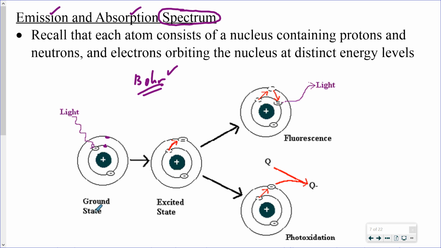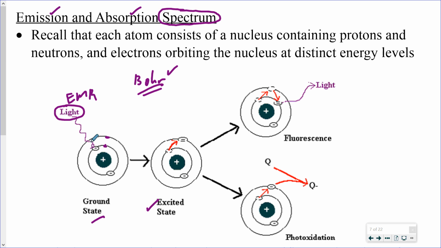So what the picture is showing is that initially the electrons are in the ground state. They're close to the positively charged nucleus. If you add energy, they can be bumped up to a higher energy level, which is now called the excited state. There are various ways this can be accomplished, but one of them is by simply shining light or electromagnetic radiation on different elements, if it is of the right wavelength.